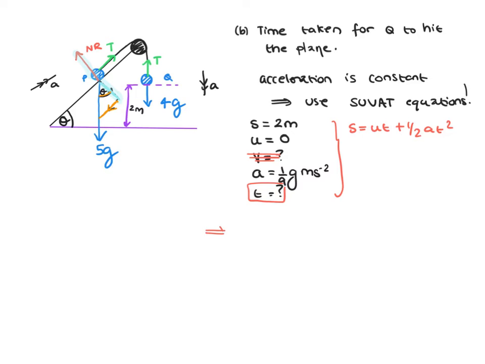Well, 2 is equal to a half multiplied by 1/9 g multiplied by t squared, and we can rearrange that to find that t is equal to 1.916 seconds. So t equals 1.92 seconds to 3sf, so just under 2 seconds before particle Q hits the ground.